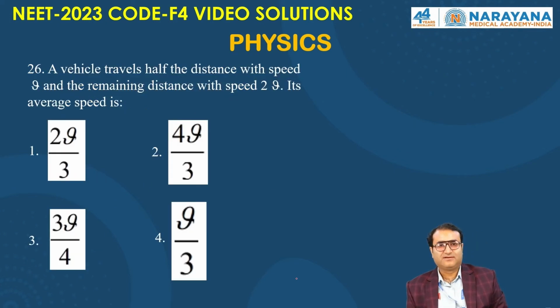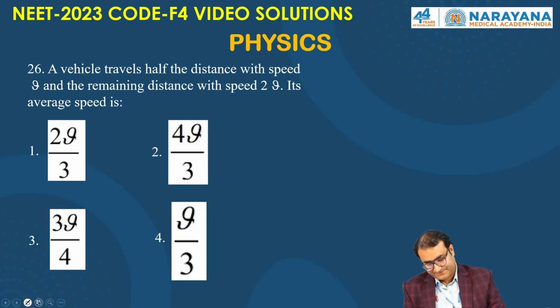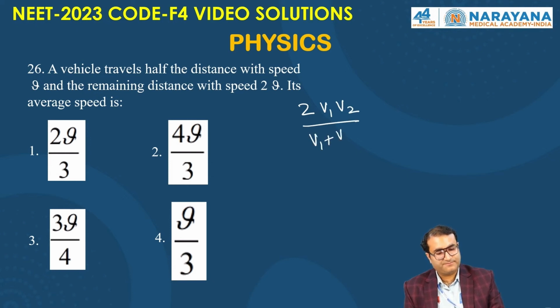Okay. Now question number 26 I am going to solve. Vehicle travels half the distance with speed theta, remaining distance with speed 2 theta. Find its average speed. So we can use the direct formula here: twice of V1 V2 by V1 plus V2.